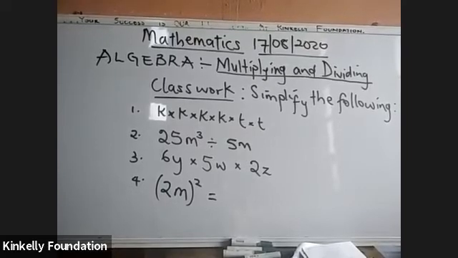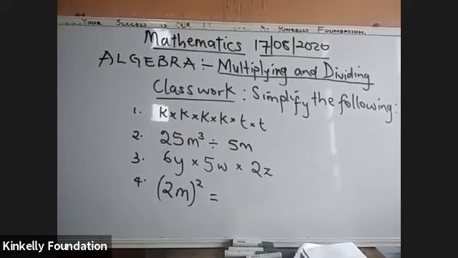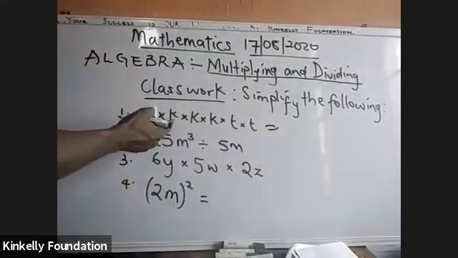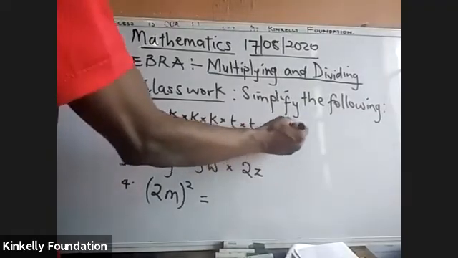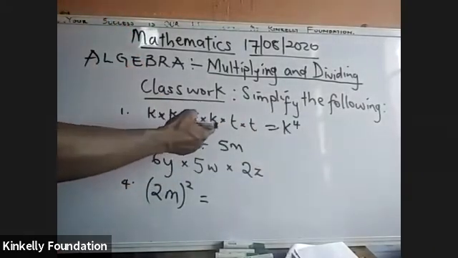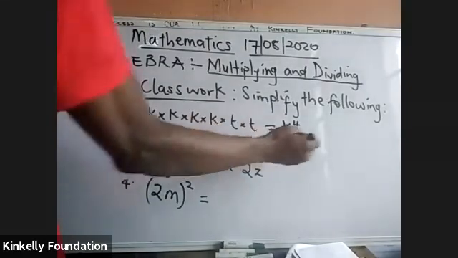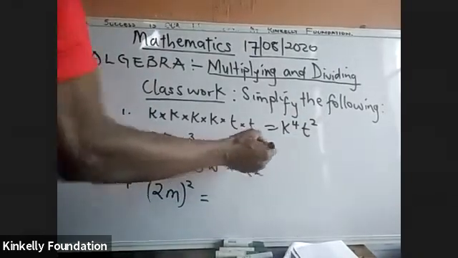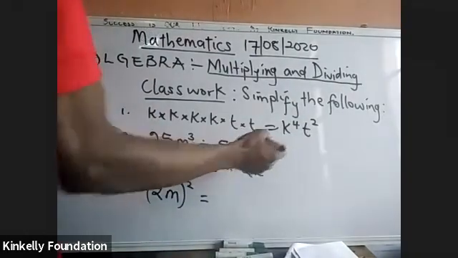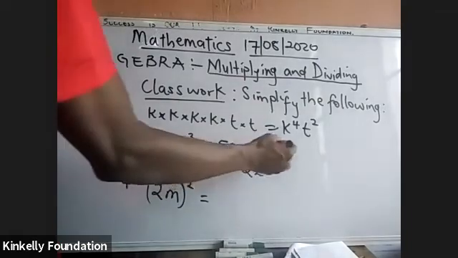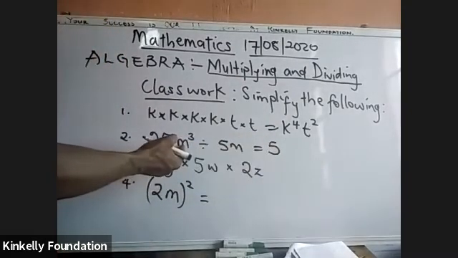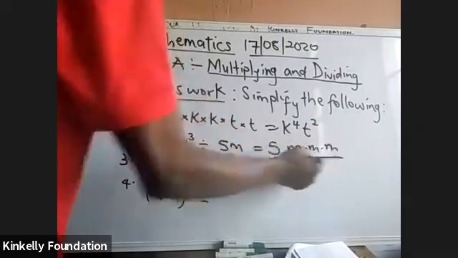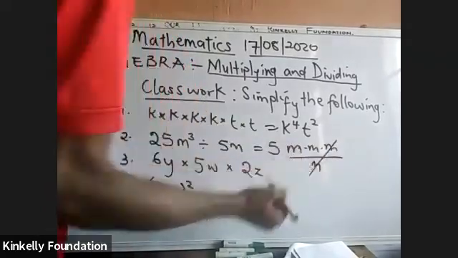Now, in the first one, this is k times k times k times k, k raised to power 4, divided by k times k, which is k raised to power 2. In this one, we have 25 divided by 5, which gives us 5, m cubed over m gives us m squared.